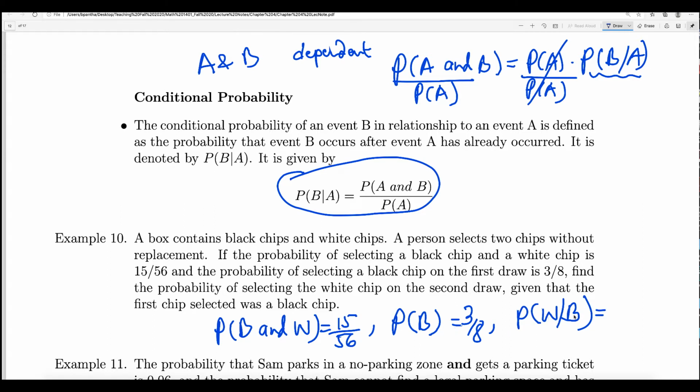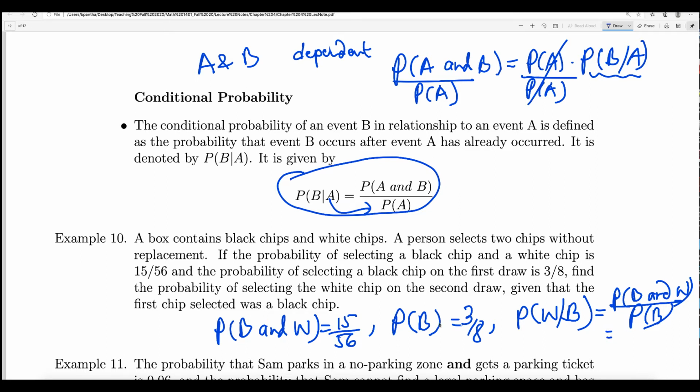The probability of W given B is W and B divided by what goes in the denominator. In the formula, the probability of B given A, the given thing goes in the denominator, and on the top it is A and B. So it is the probability of B and W over the probability of B. What is given after the slash goes in the denominator.